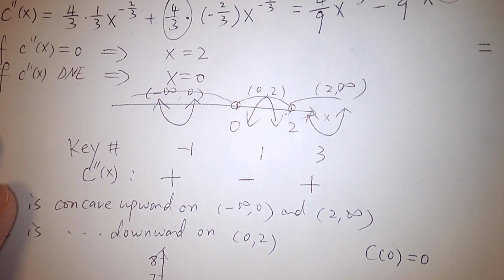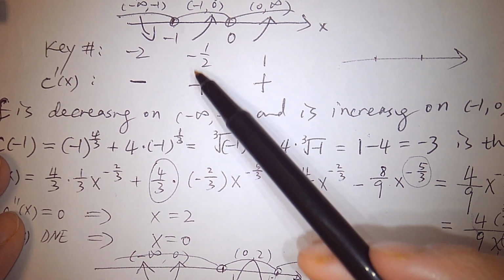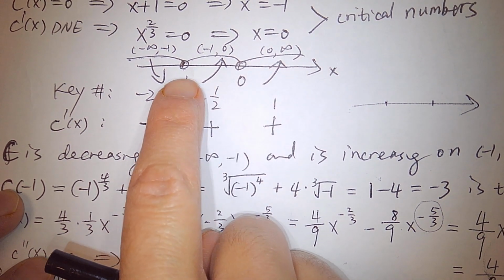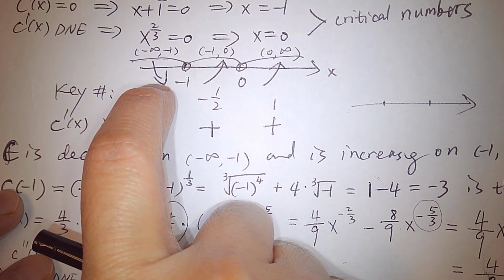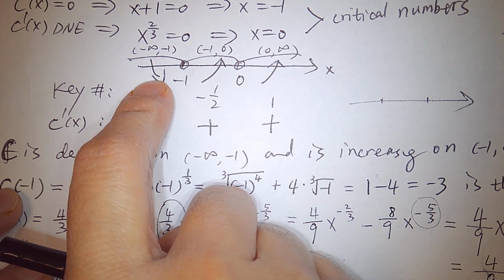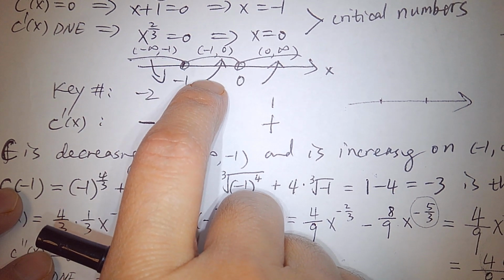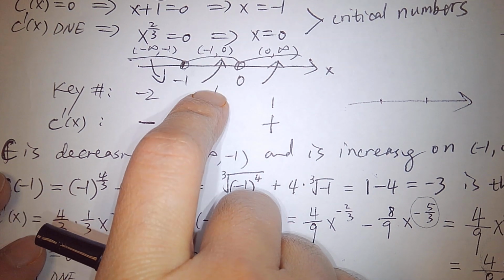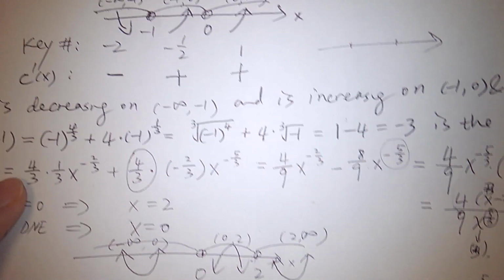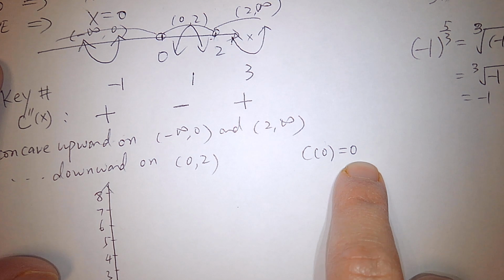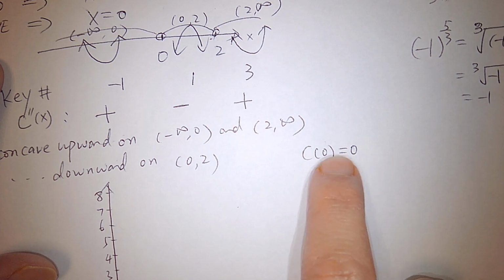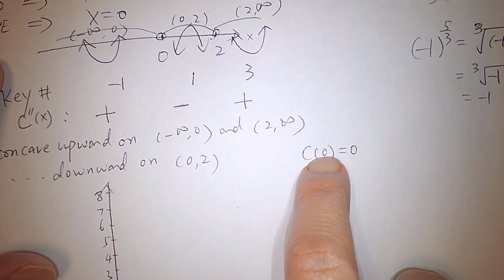Before we do the key points, let's look at what we found from the previous part. The function should be decreasing when x is less than -1. C of 0 is (0, 0), the y-intercept if we replace x by 0.